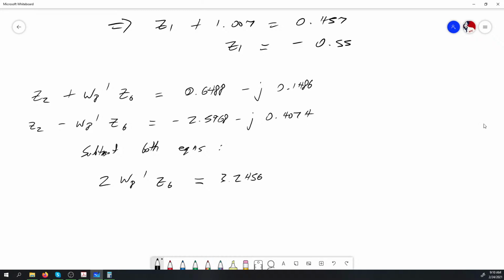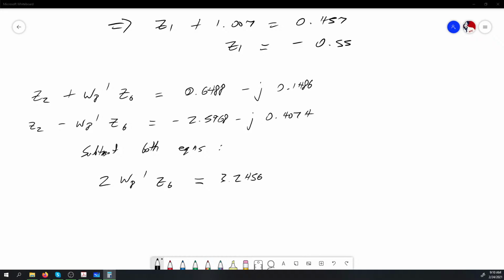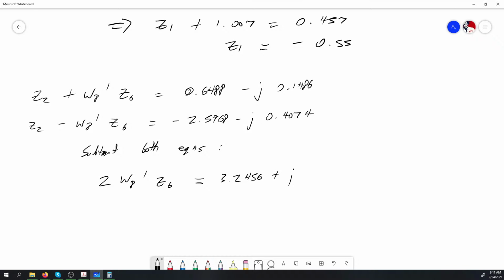So minus 0.1486 plus 0.4074 means we have plus j2.588.